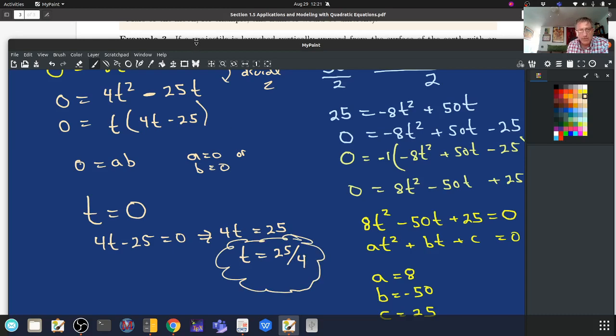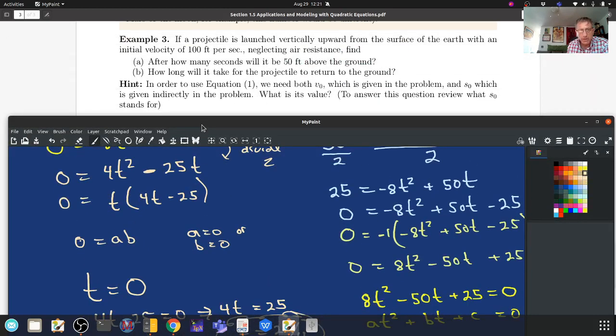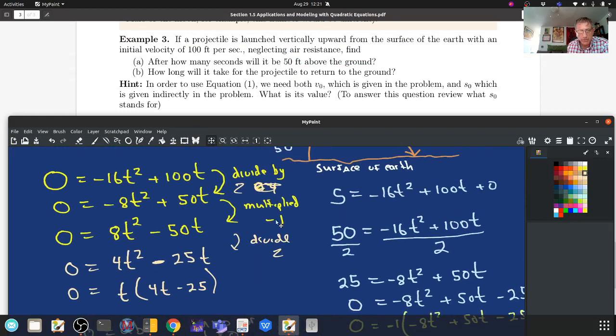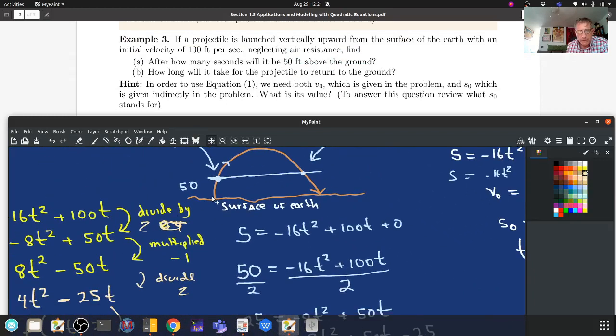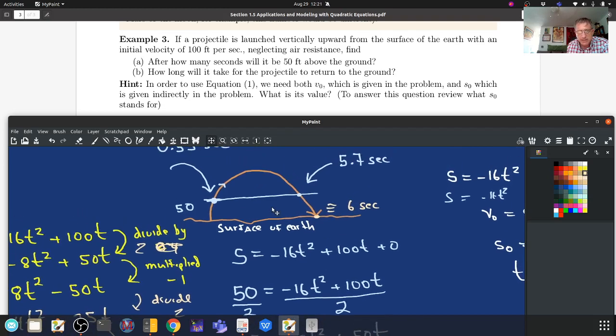So if we go back up to my original picture, it starts out at 0 seconds. It takes about 6 seconds to hit the Earth again. And that's completely consistent because it takes 5.7 seconds to hit this length.